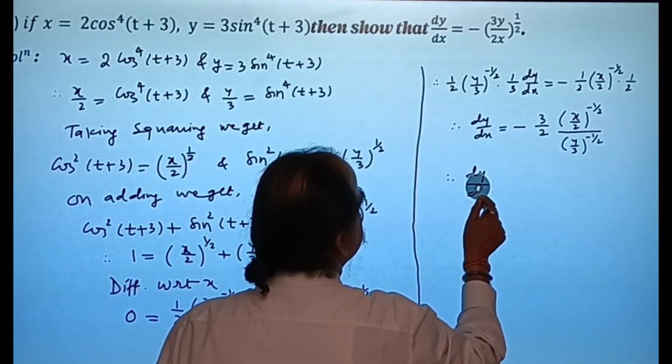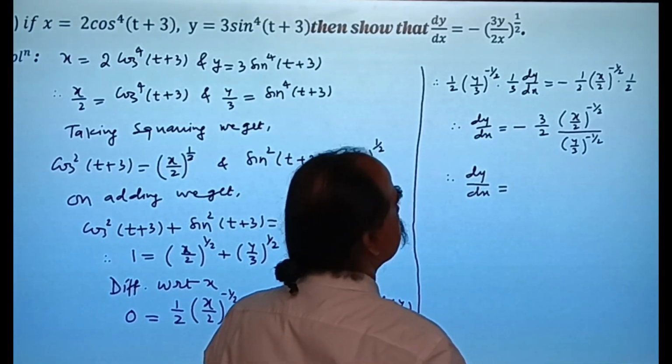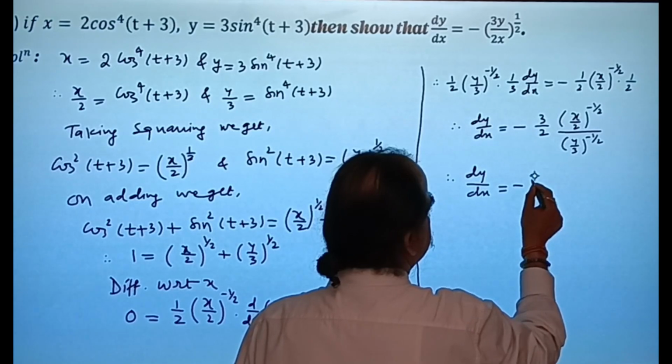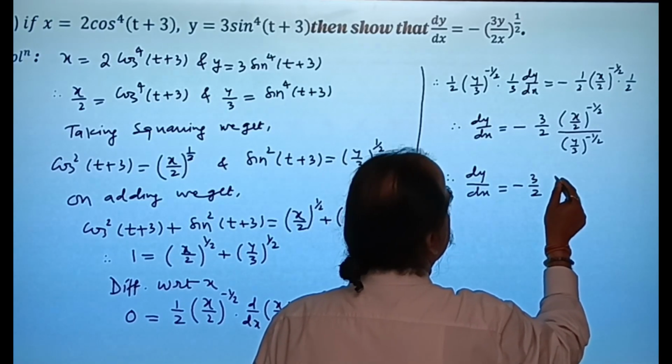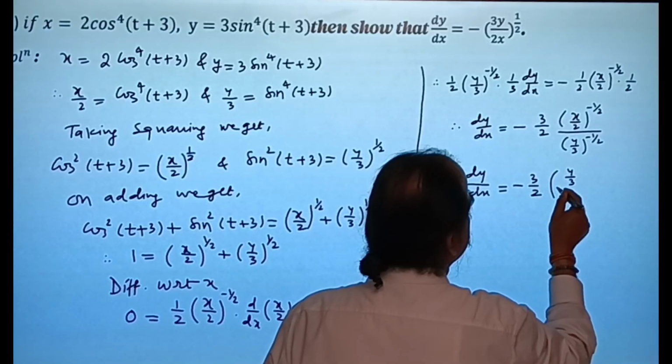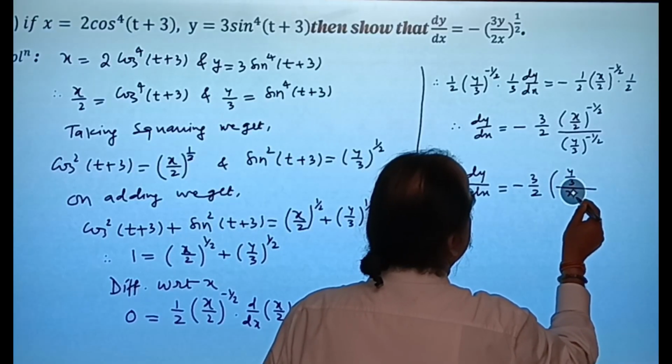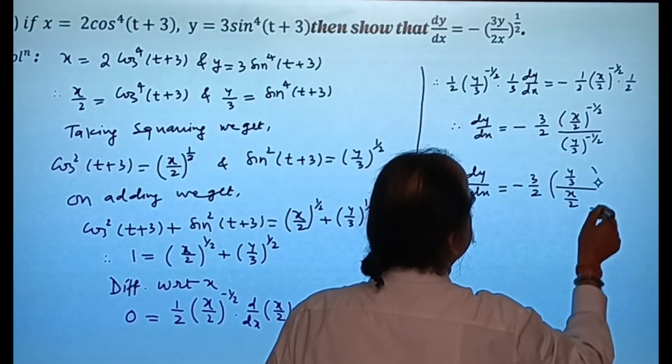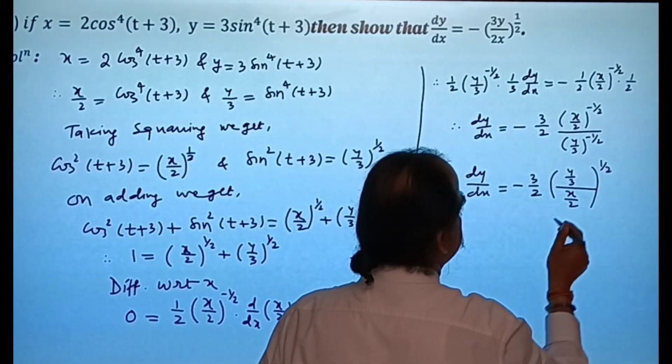So dy by dx is minus 3 by 2 into y upon 3 divided by x upon 2 raised to half.